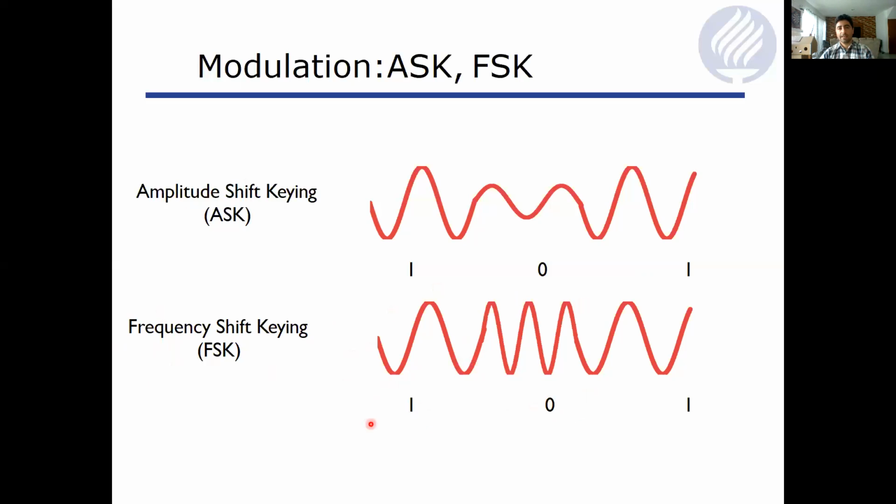By changing the frequency of the signal between two different frequencies, let's say this is 1 gigahertz, this is 2 gigahertz, just as an example, we can represent 1s and 0s, okay? So basically that's frequency shifting. Here we are changing the amplitude. For ASK or FSK, we are changing the frequency of the signal in order to represent our information.